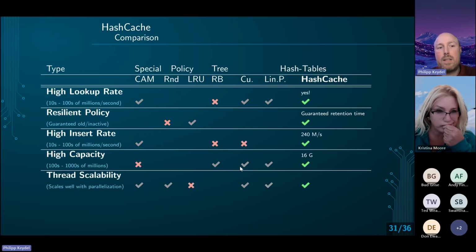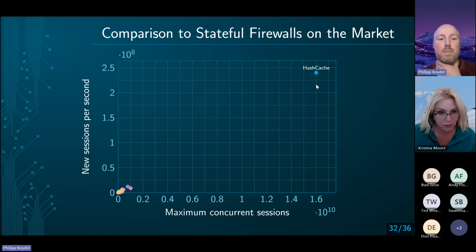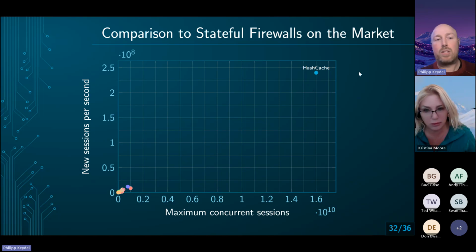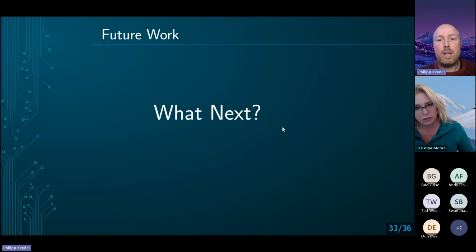Looking back at the wish list we had before, we can see that it checks all the boxes, and comparing it to the most powerful stateful firewalls that we could find, you can see that it's orders of magnitude above that in terms of new sessions per second and concurrent sessions, again, with the asterisk that it's not a real firewall. So it's just to demonstrate that speed.